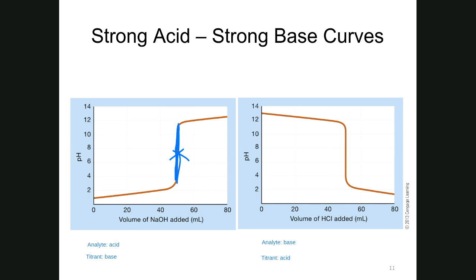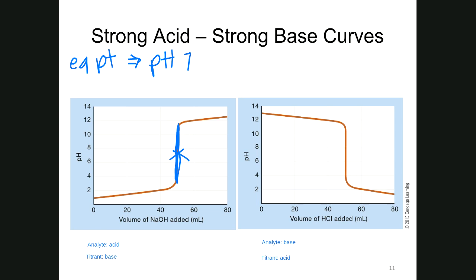So in this case of a strong acid, strong base curve, whether we're looking at the left graph or the right graph, the equivalence point will always be at pH 7. Always. Because when our moles of acid equals our moles of base, we end up just making water and a salt.